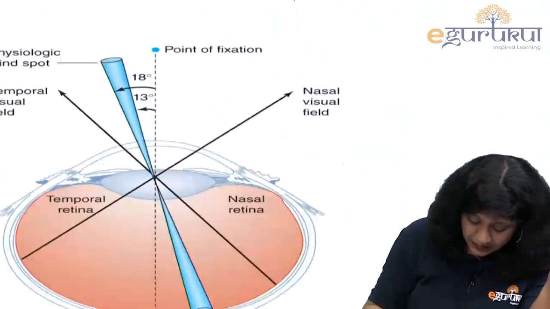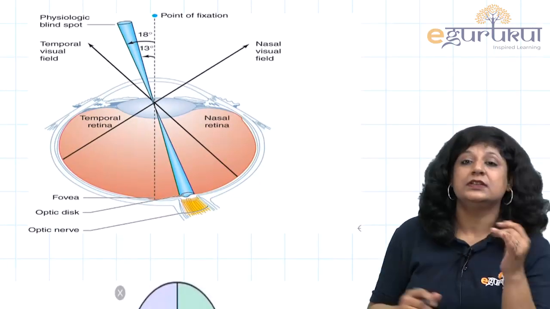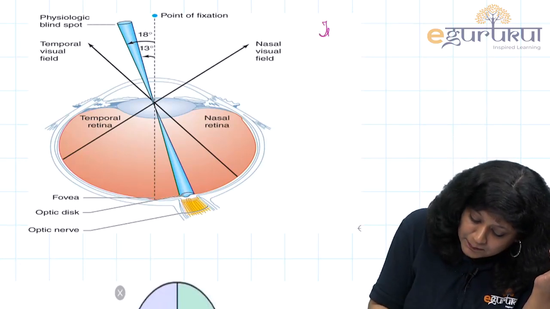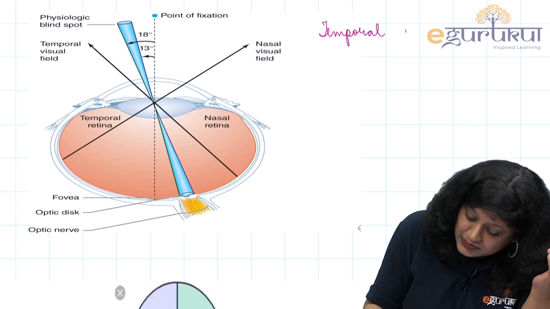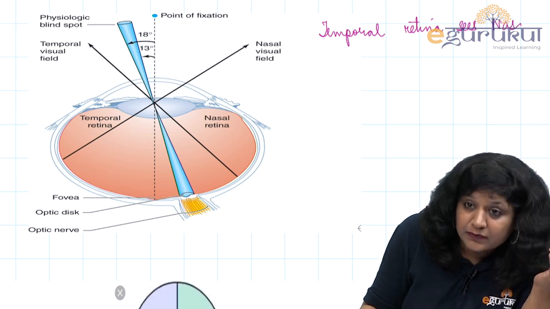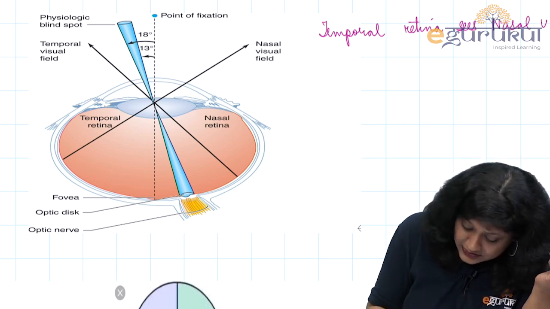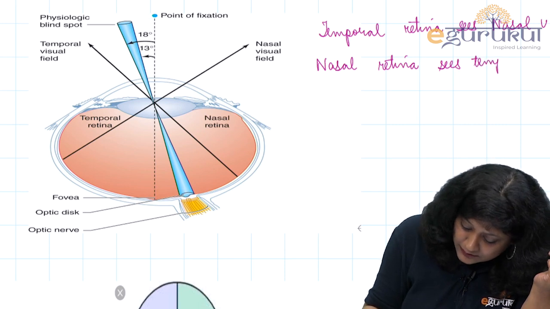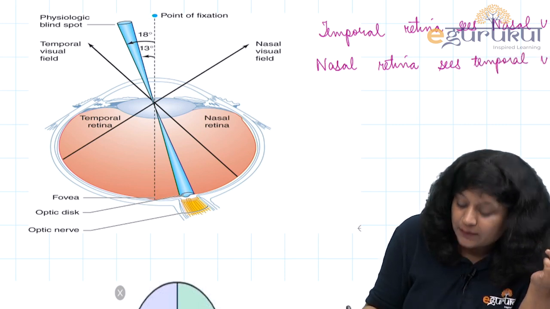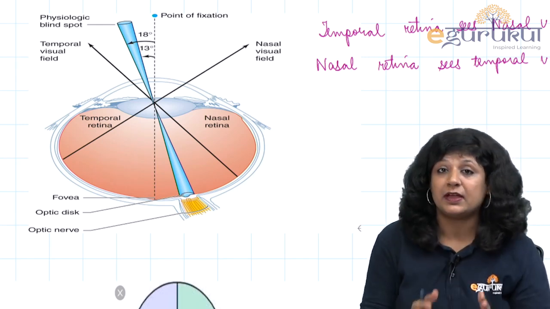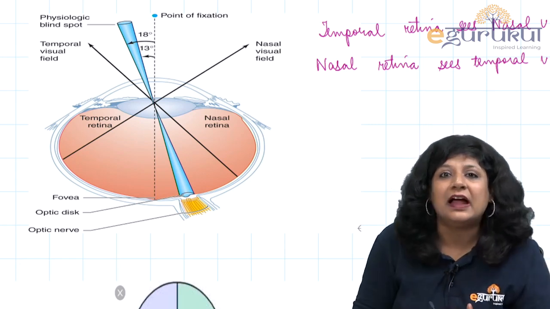All right. Then coming to the second important point, the fields. You should always remember that the temporal retina sees the nasal visual field, and the nasal retina sees the temporal visual field, because without understanding this concept, understanding visual field defects will become really, really difficult, and we can't afford that.